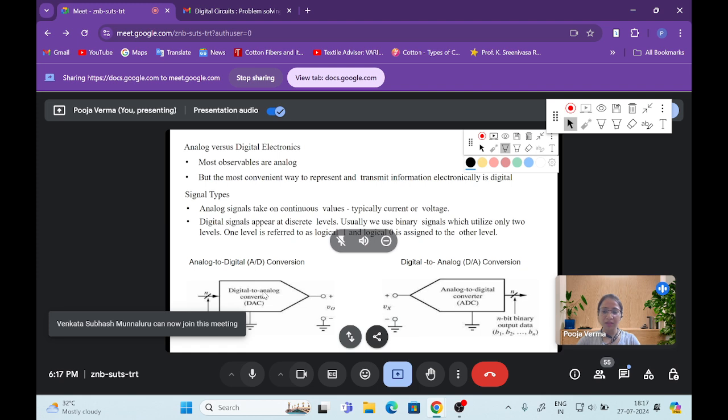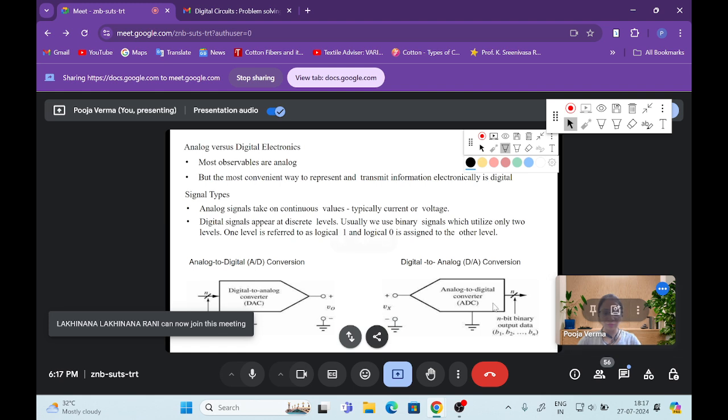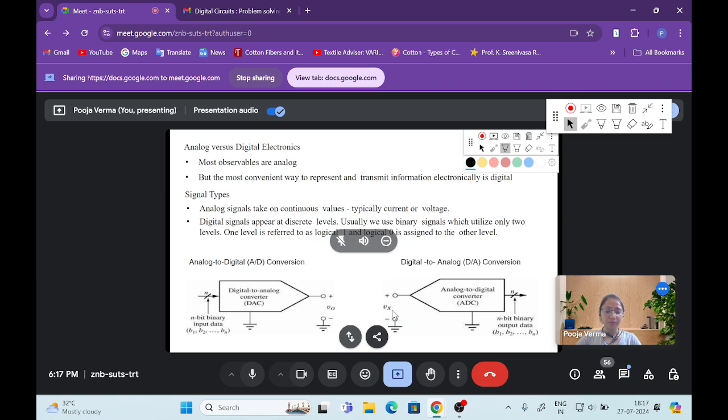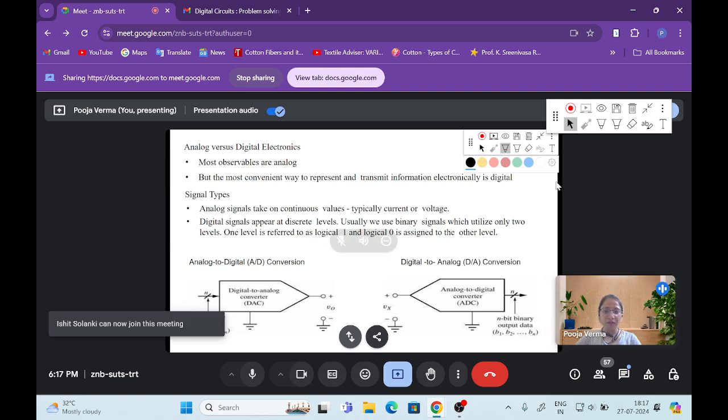This is a digital to analog converter circuit, and that will give output in analog. And the other one is analog to digital converter, where the input is given as an analog signal that is converted by the analog to digital converter, that is called ADC, and then we will get the digital signal.